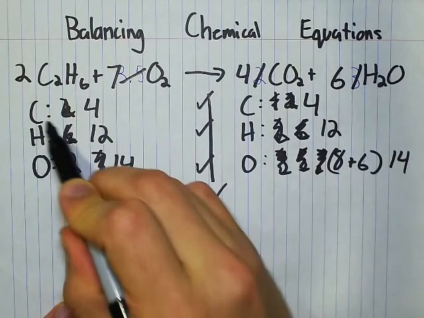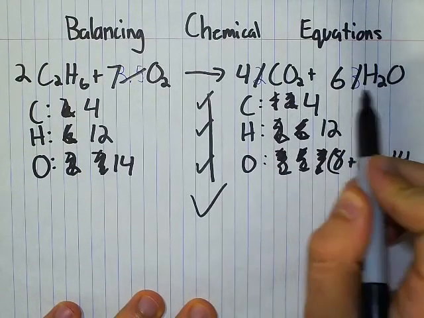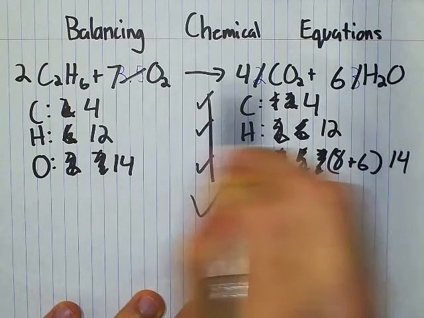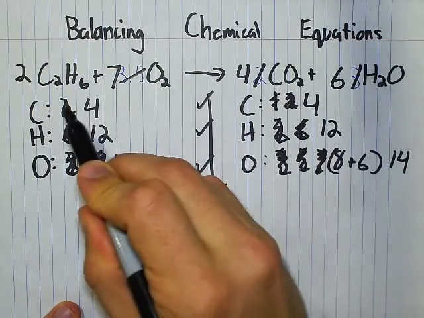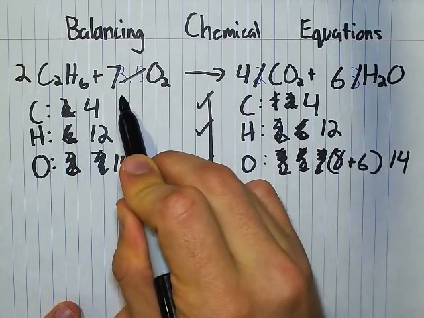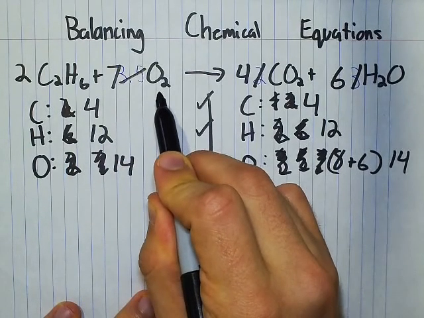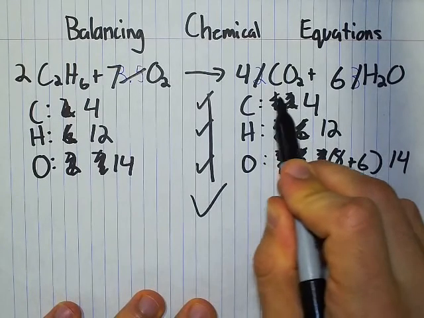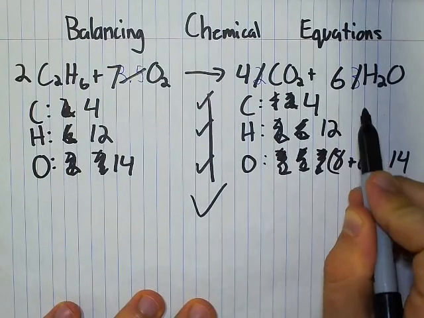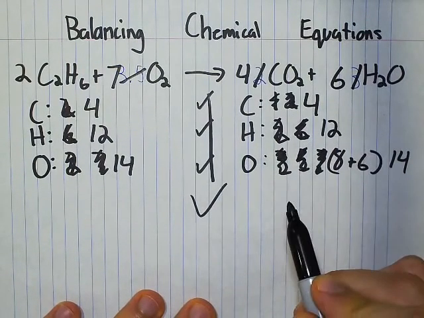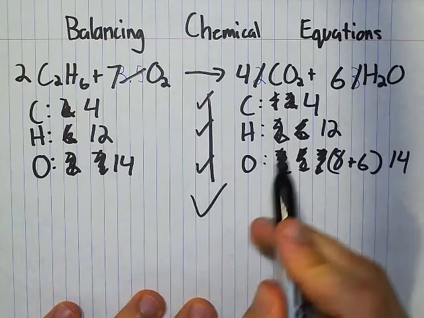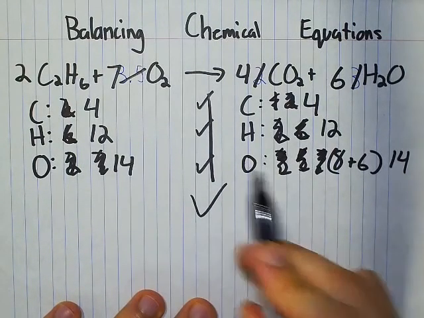It takes that amount of each one of these molecules to complete this reaction. So 2 molecules of ethane react with 7 molecules of oxygen to yield 4 molecules of carbon dioxide and 6 molecules of water. That's what these coefficients mean. When it's balanced, this is how the reaction works in real life.